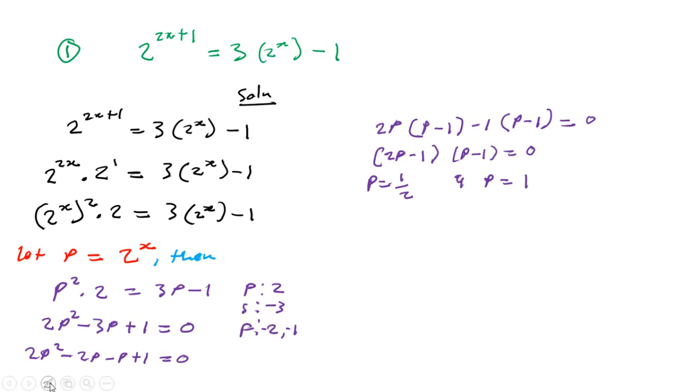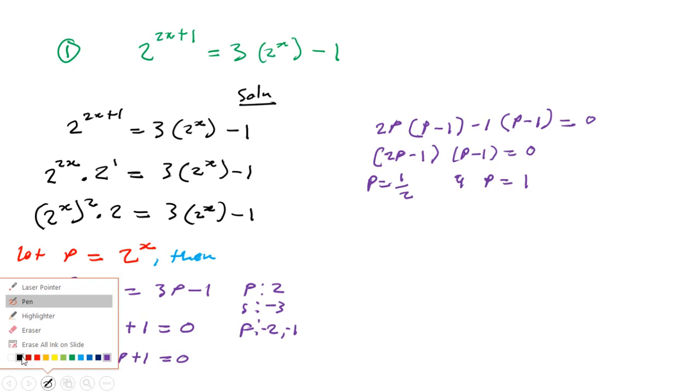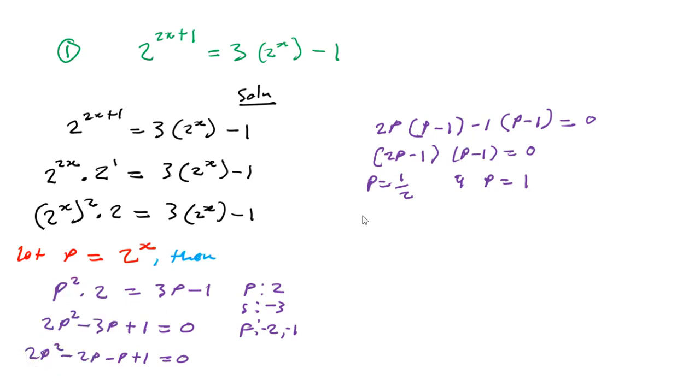Now we can look for the values of x, since we are looking for x and not p. Taking p to be equal to 1 over 2, you're going to discover that we have 1 over 2 is equal to 2 to the power x.